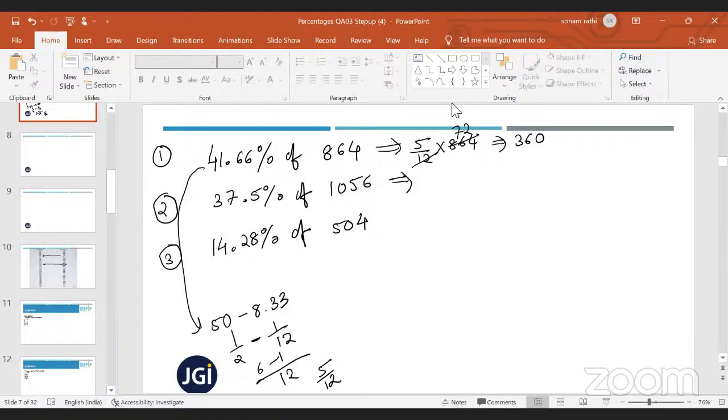50 minus what? Tell me. 50 minus 37.5. 50 minus 12.5. Correct? 1/2 minus 1/8. 1/2 minus 1/8 will be how much?